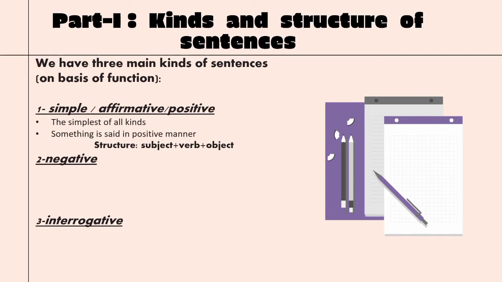sentence. Giving you an example, subject, we will take subject as I, and verb is play, and object is football.